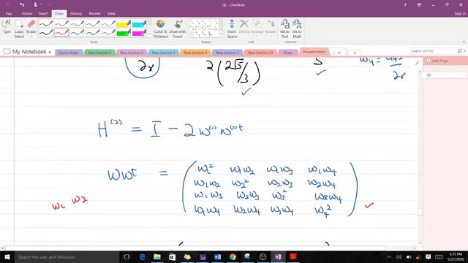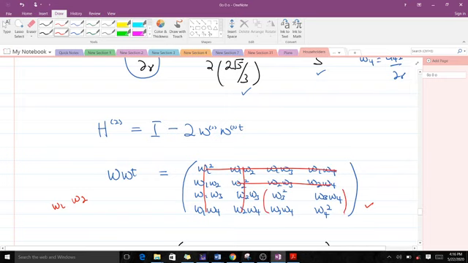So that means anything which contains W1 and W2 will be equal to 0, since a product of 0 and anything is 0. So that means you have the whole of this giving us 0, the whole of this giving us 0, the whole of this giving us 0, and the whole of this also giving us 0. So that means you're going to be left with something like this.